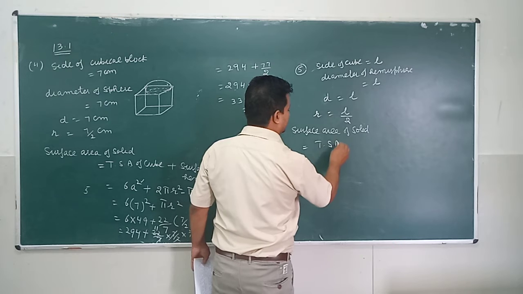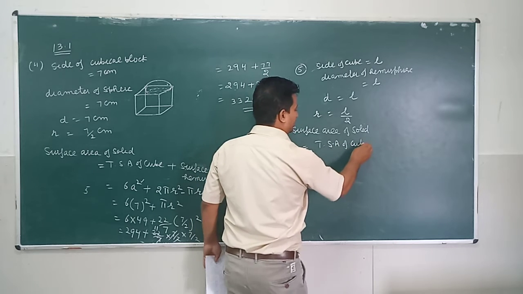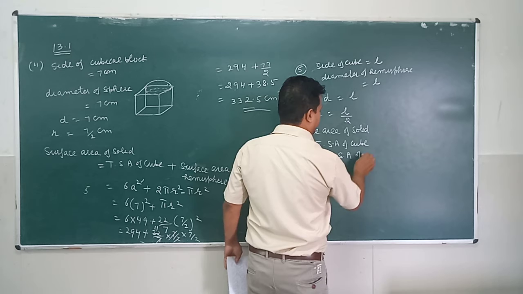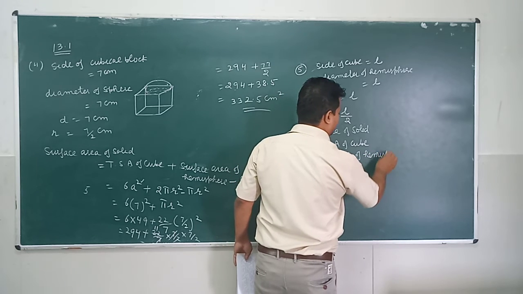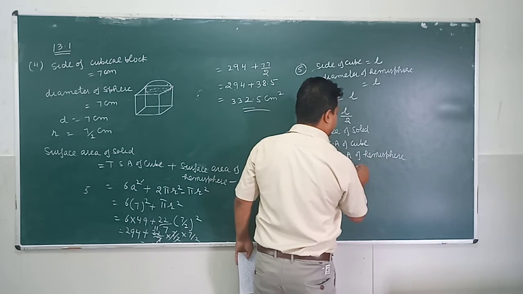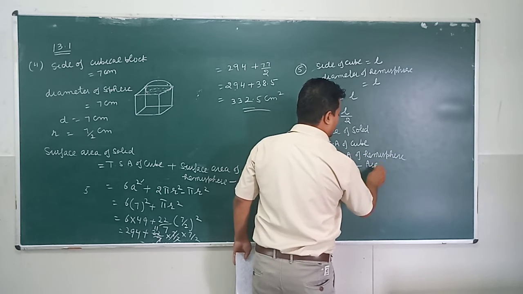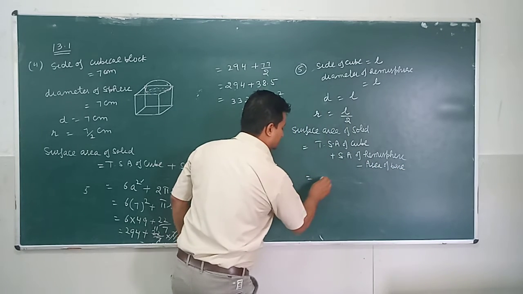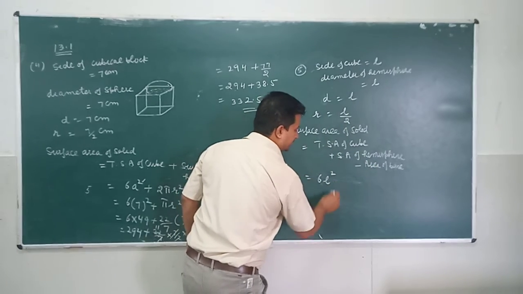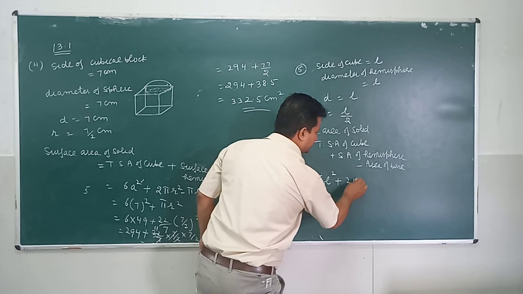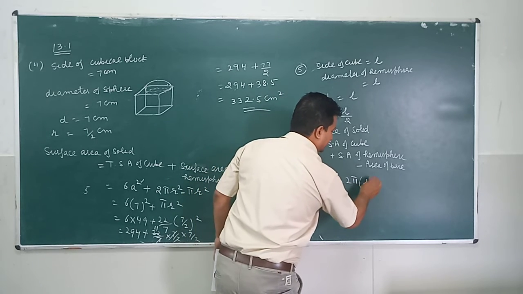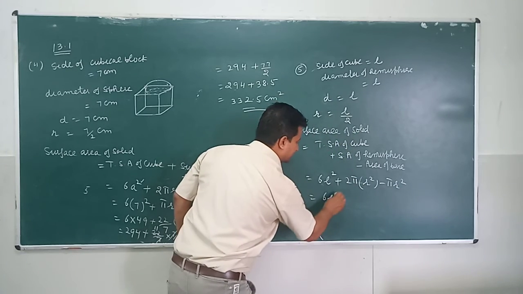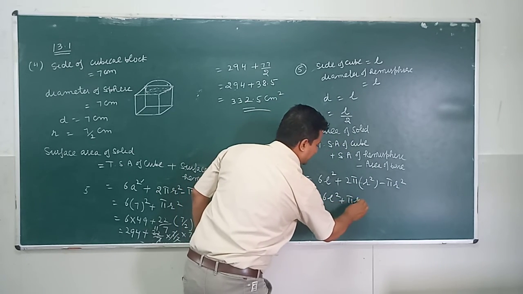So the surface area of the solid is the total surface area of the cube plus the surface area of the hemisphere minus the area of the base of the hemisphere. Total surface area of the cube is 6l square, hemisphere is 2 pi r square and the base is pi r square. So this is 6l square plus pi r square.